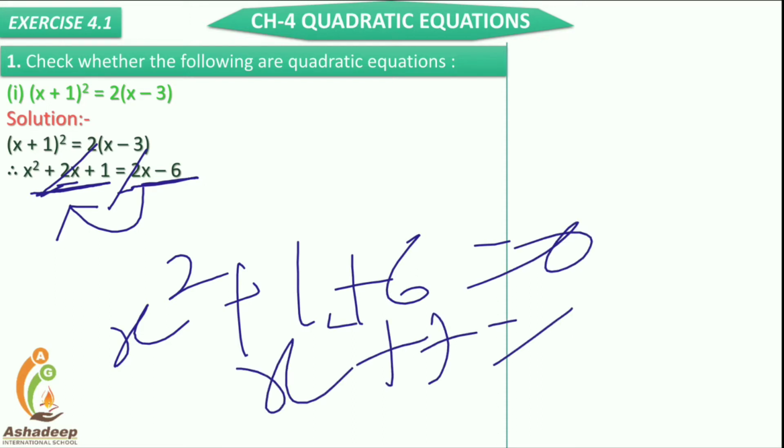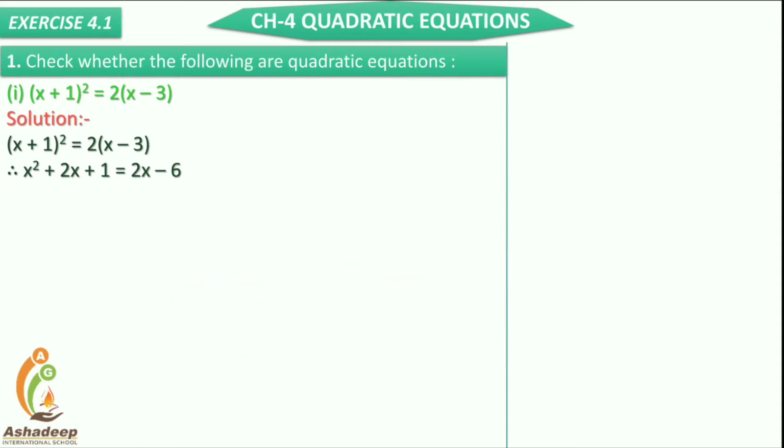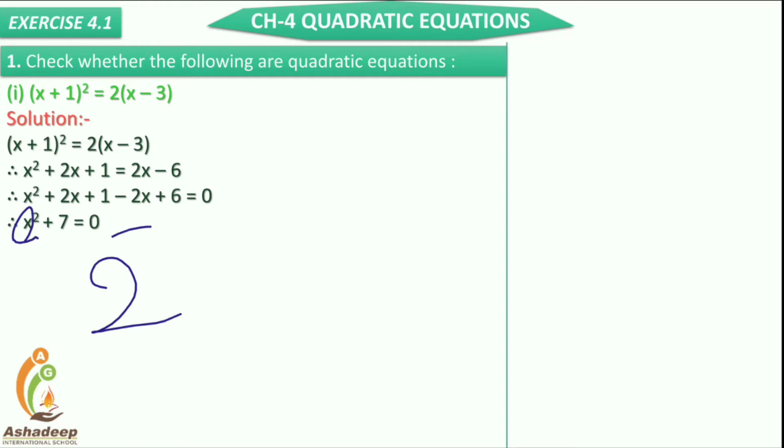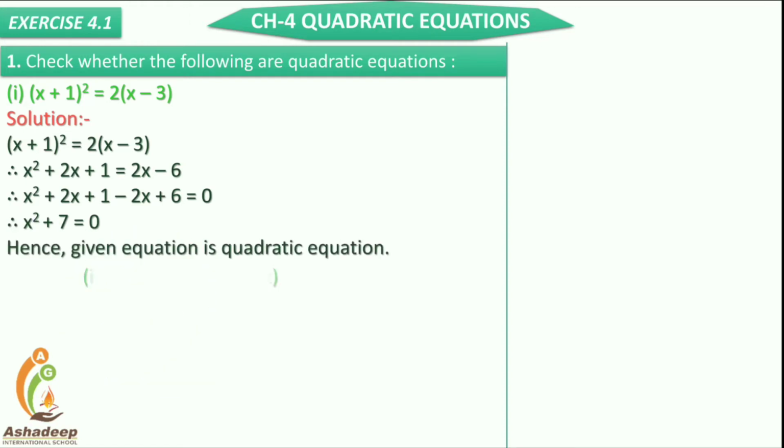So x square plus 7 is equal to 0. The highest power is 2, so we can say yes, it is the quadratic equation. Hence the equation is a quadratic equation.